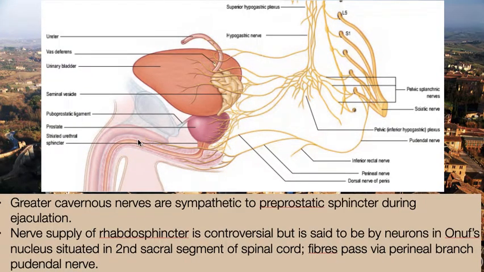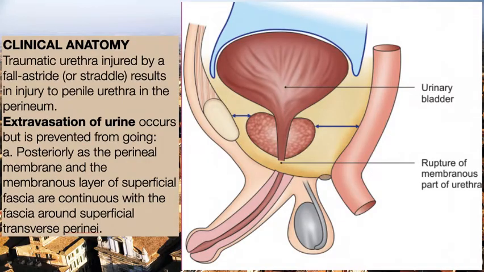The greater cavernous nerves are sympathetic to the pre-prostatic sphincter during ejaculation. The nerve supply of the rhabdosphincter is controversial, but is said to be by neurons in Onuf's nucleus situated in the second segment of the spinal cord, fibers of which pass via the perineal branch of the pudendal nerve.